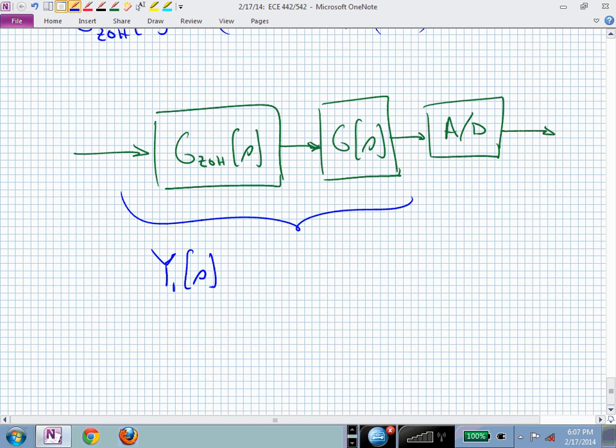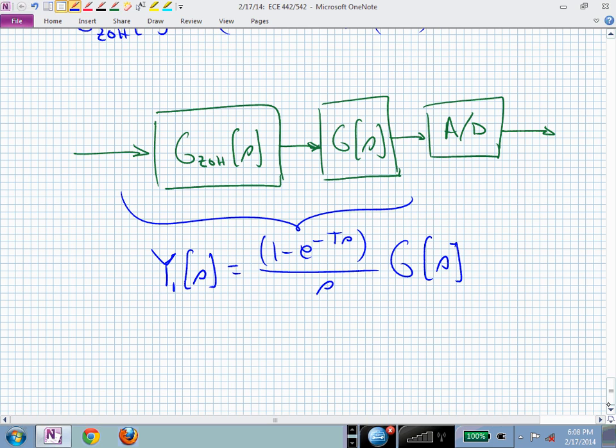But here, Y sub 1 of s is now going to be 1 minus e to the minus Ts over s times G of s.